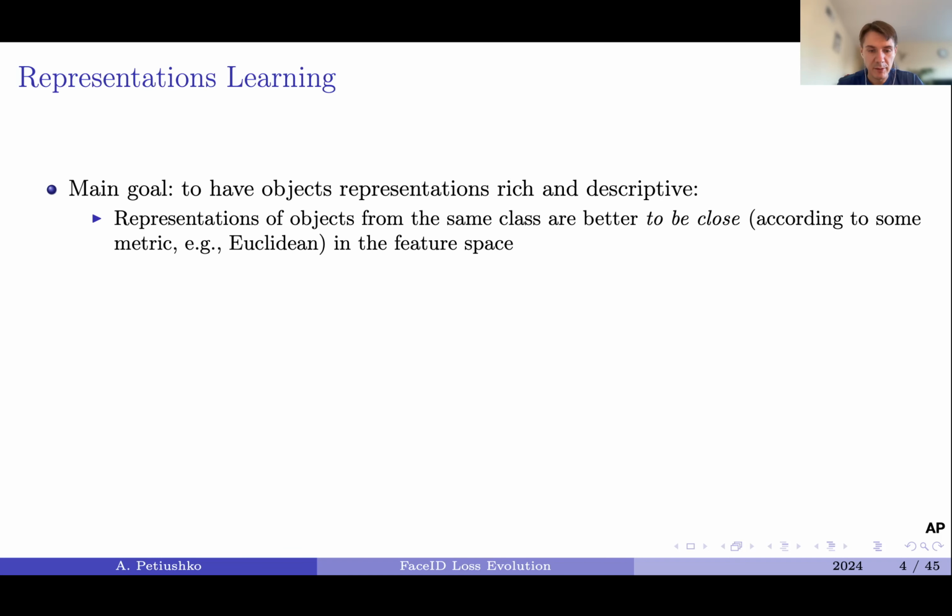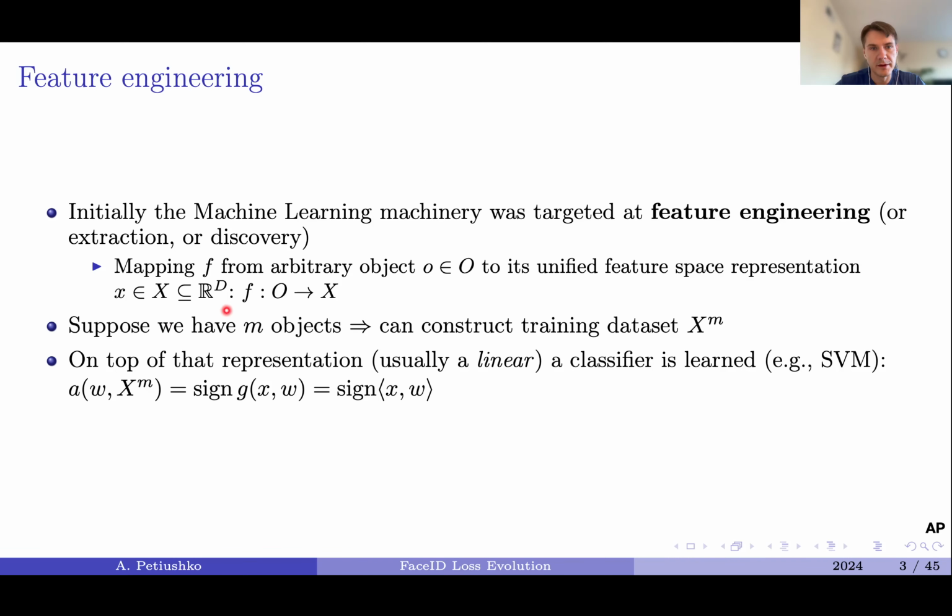Somebody needs to find this mapping f. Usually f was built manually by domain experts using different approaches. For example, we can include more features or fewer features. These features can be semantical, usually semantical.